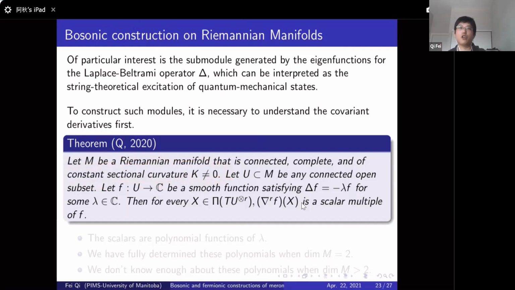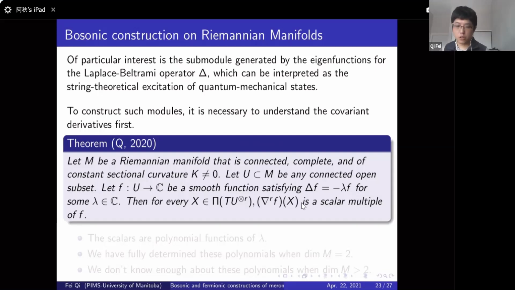I have a conjecture that one-dimensional representations only exist when the sectional curvature is constant. For more general cases, I don't think we are going to get a one-dimensional representation.